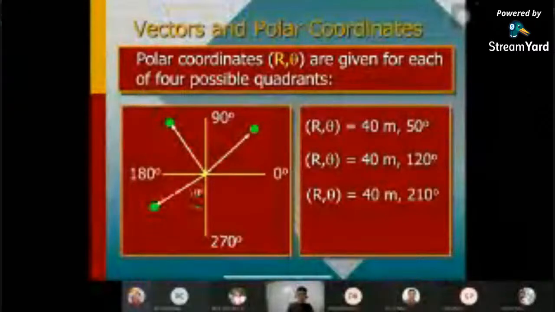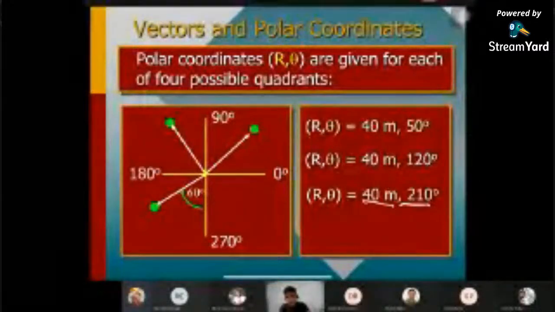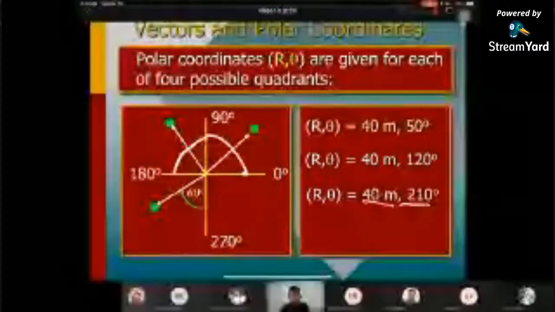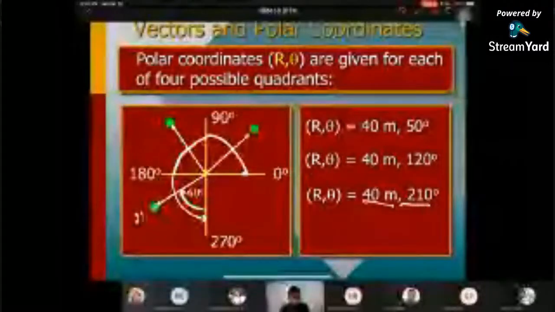210. 210 because if the given is 40 meters, 210, of course, that will be from 180, so bumalik ka ng 60, so nag-minus ka pa ng 60, you got 210 degrees, no?